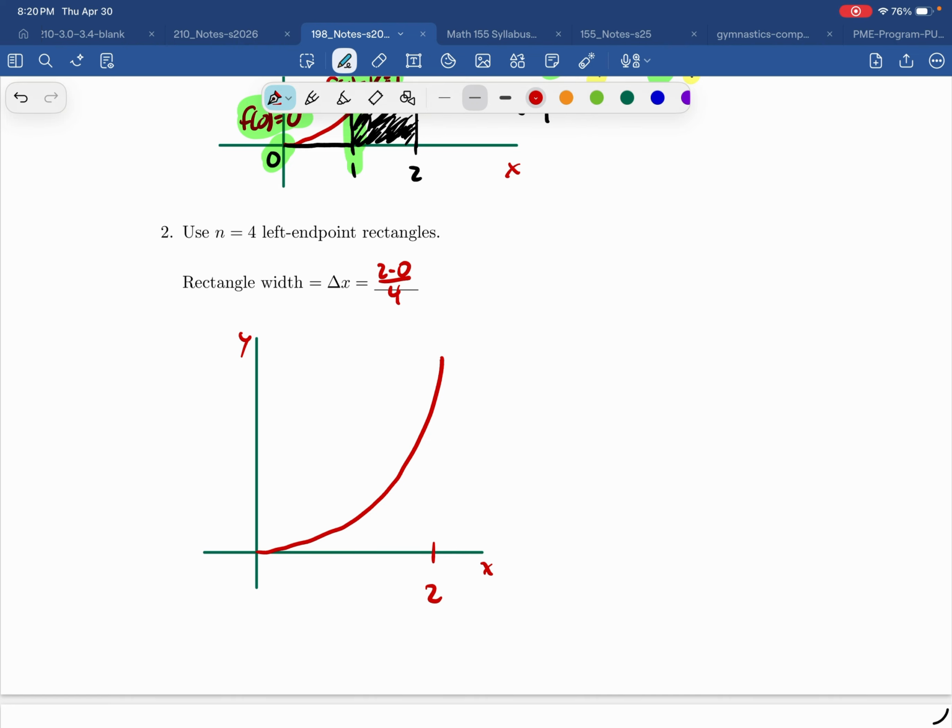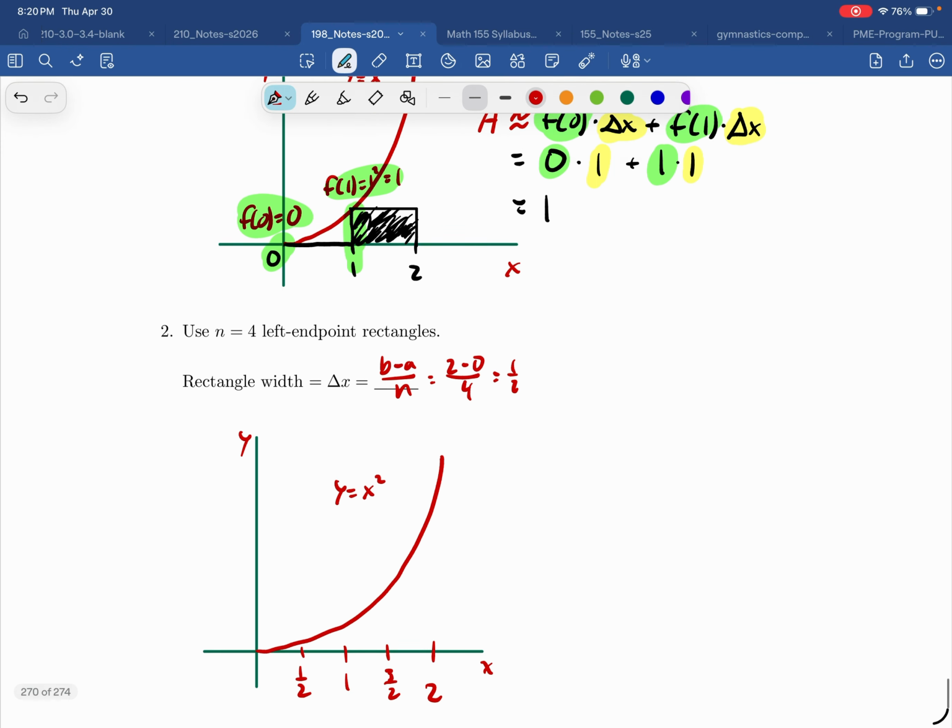Just to remind you, delta x is b minus a over n, and that's going to be 2 minus 0 over 4, which is 1/2. So our rectangles don't have width 1, they actually have width 1/2. And this is still y equals x squared.